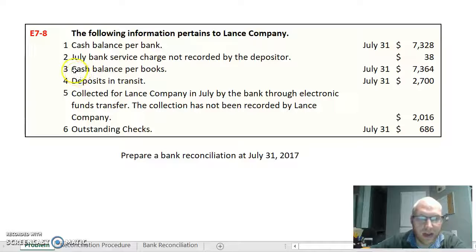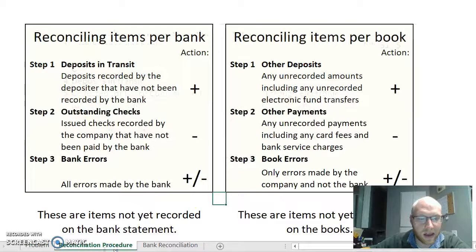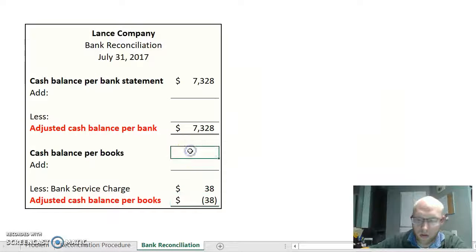The next thing we see is the blanket statement of cash balance per books for $7,364. Now, I want to mention this is why we are doing this problem, because the bank statement originally showed $7,328 and the book showed $7,364.